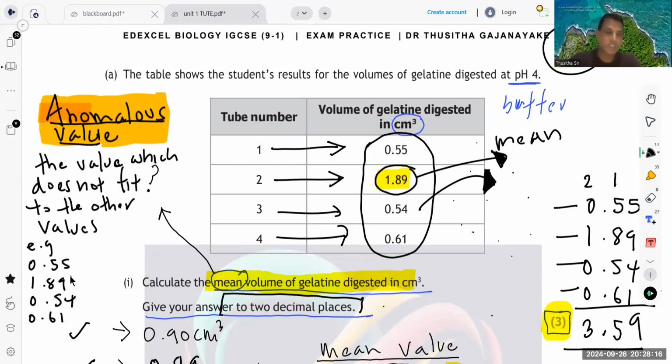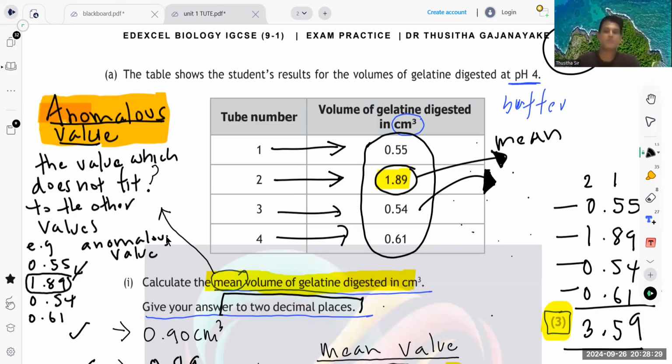And then you can circle 1.89, and write this value is the anomalous value. So in your notebook, define anomalous value and give an example using these numbers: 0.55, 1.89, 0.54, 0.61, and circle 1.89. Then you write this is the anomalous value.